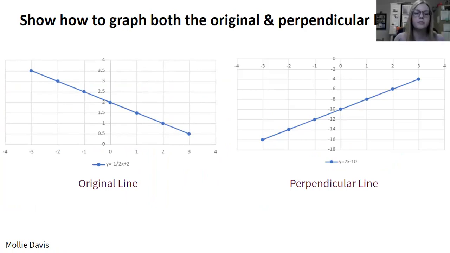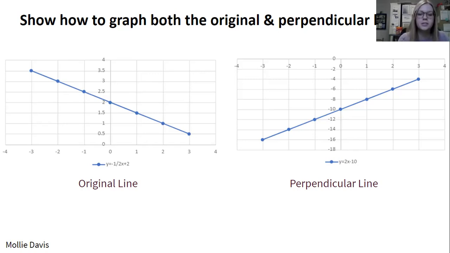Okay, so for the original line, you can see that this is the line for the equation negative 1/2 x plus 2. And again, talking about what I mentioned earlier, when you've got a negative slope, it is going to go in the negative direction because you've got that negative value.